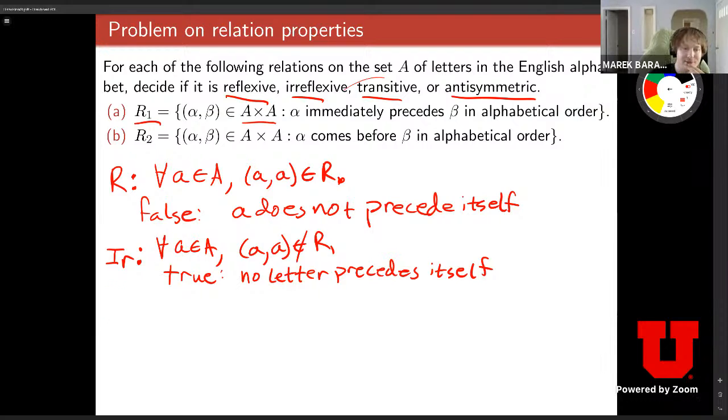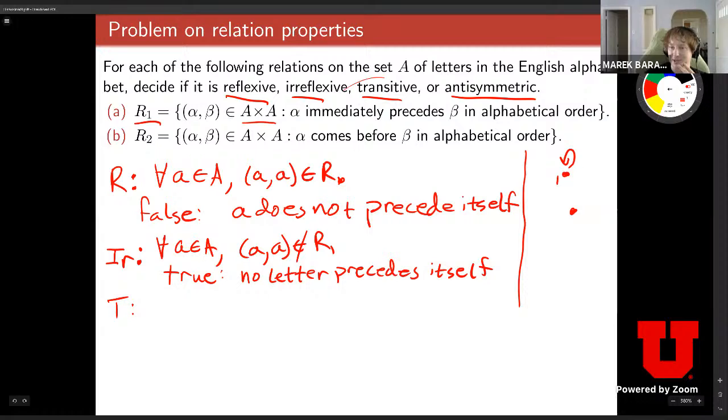And then transitive. Does anyone remember what transitive means? In what case would something not be reflexive, but also not irreflexive? I'll just draw an example relation with the arrows. So if we have a relation like this, two elements, one has an arrow to itself.